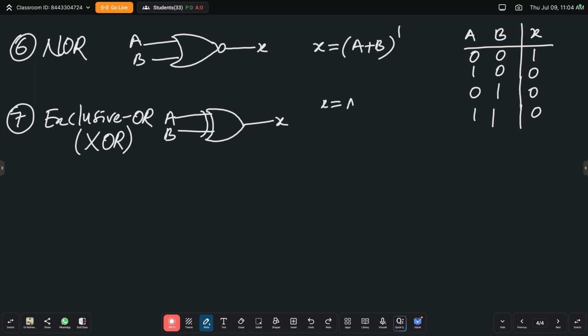X equals to A XOR B. Otherwise you can write X equals to A dash B plus AB dash. If you remember this expression, you can solve the problem.